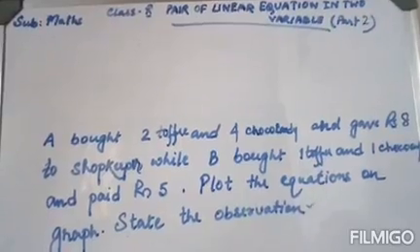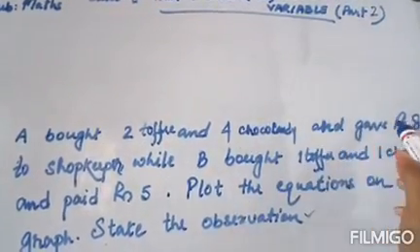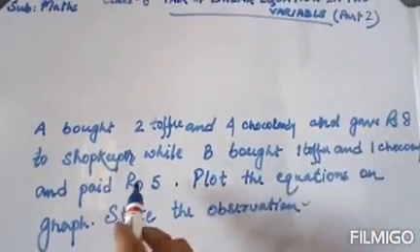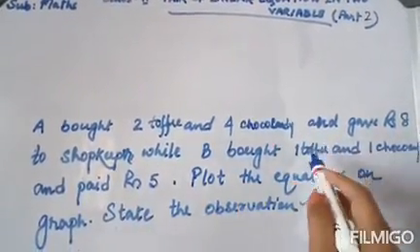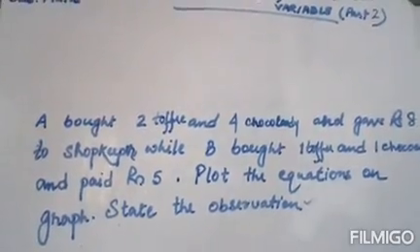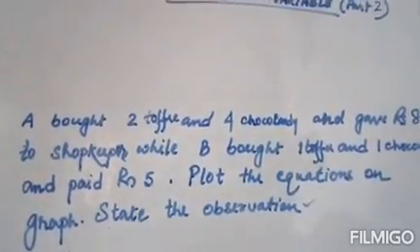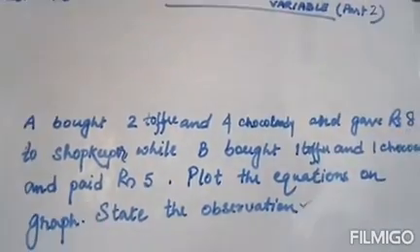Now the question was, A bought 2 toffees and 4 candies and gave ₹8, and B bought 1 toffee and 1 candy and gave ₹5. Plot the equations on the graph. Before starting we need to first identify the equations.